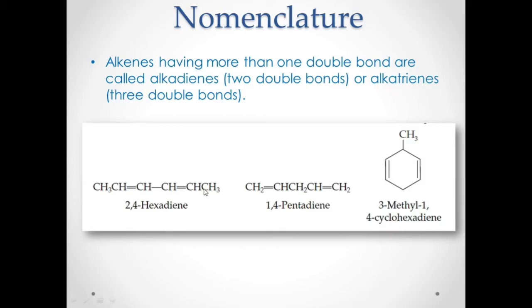Okay, so for example, in this compound, remember, if you have rule number 1, you should determine the continuous carbon chain. So that becomes 1, 2, 3, 4, 5, 6. And remember to number your carbon chain in such a way that the first carbon that contains the double bond will give the lowest number. So you can number this as 1, 2, 3, 4, 5, 6, or the other way around.